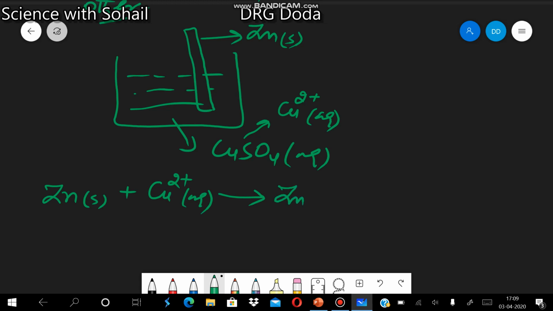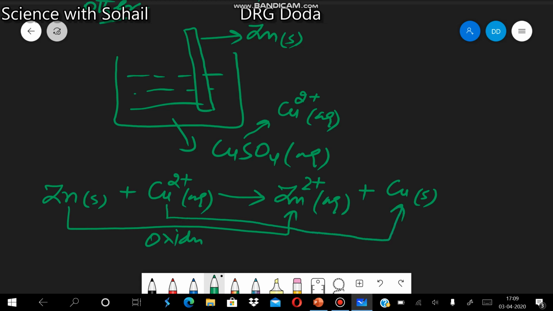The zinc atoms lose electrons and form zinc ions, and copper ions gain electrons to form copper atoms. Here we can see that zinc undergoes oxidation by the loss of electrons, and copper ions undergo reduction by the gain of electrons.